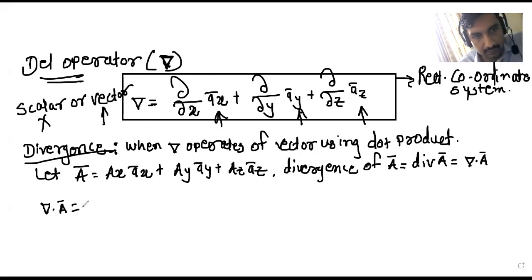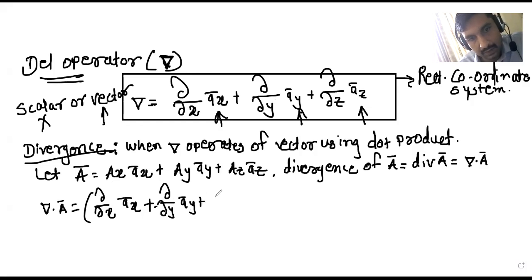Which is equal to multiplication of those two brackets. In the first bracket, I should write dou by dou x a bar x plus dou by dou y a bar y plus dou by dou z a bar z. This is the value of del.